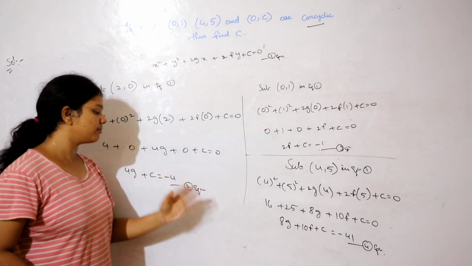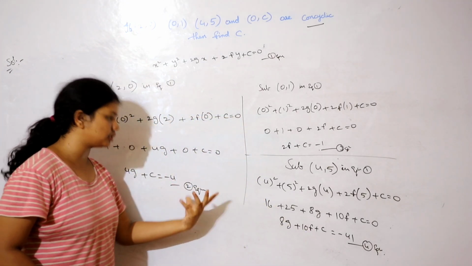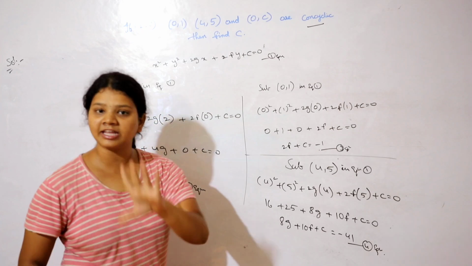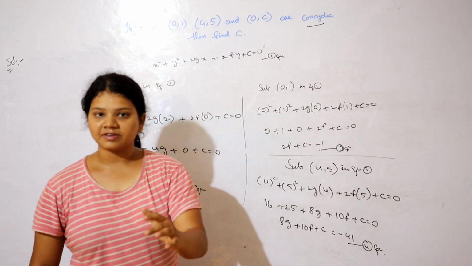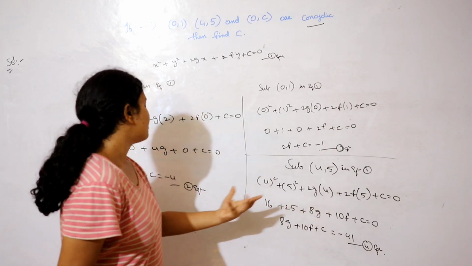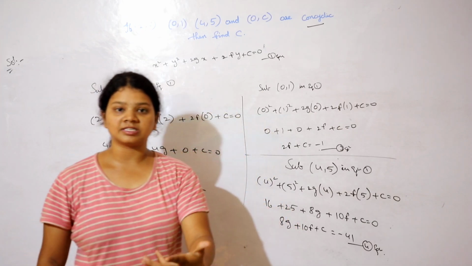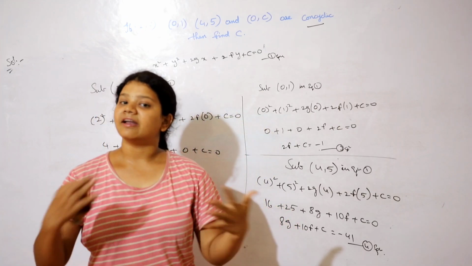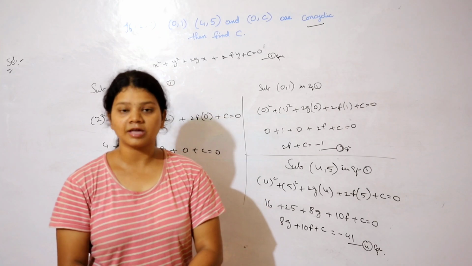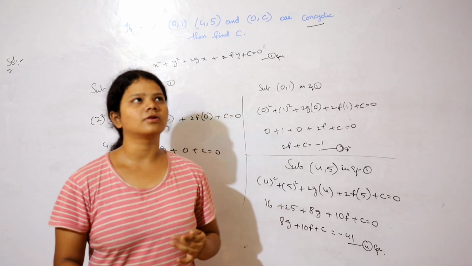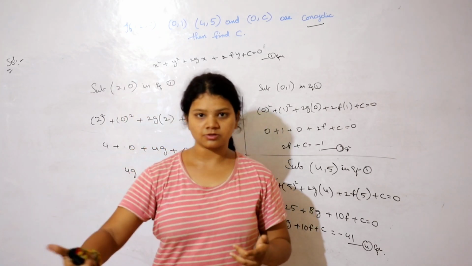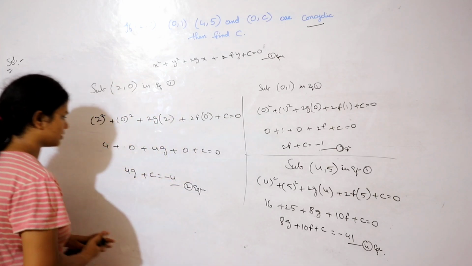Subtracting equation 2 and equation 3, you will be getting one equation, which we name the fifth equation. From equation 3 and equation 4, you will be getting a whole new equation, the sixth equation. And from the fifth and sixth equations, you will be getting the g and f values. So we will be doing the process.